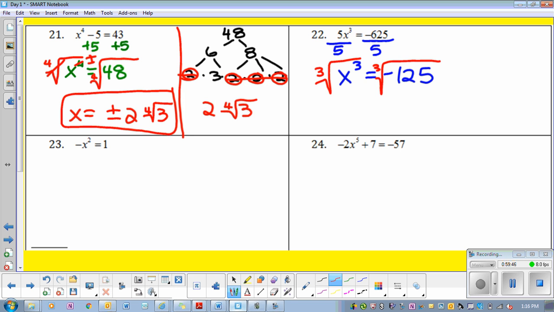Do I need to put a plus or minus? No, because this is an odd root. So those go away and I have x equals, but wait a minute, it's a negative number inside. So my answer has to be negative. What's the cube root of negative 125? Negative 5.